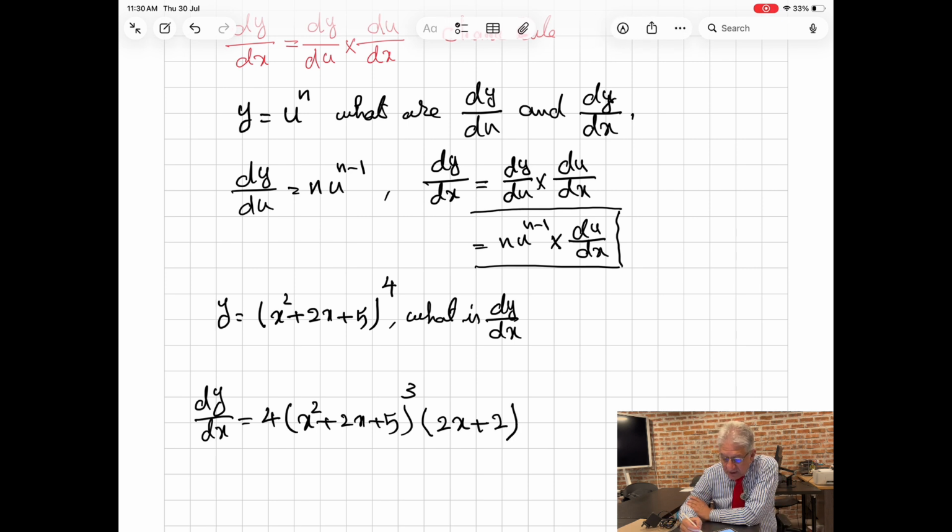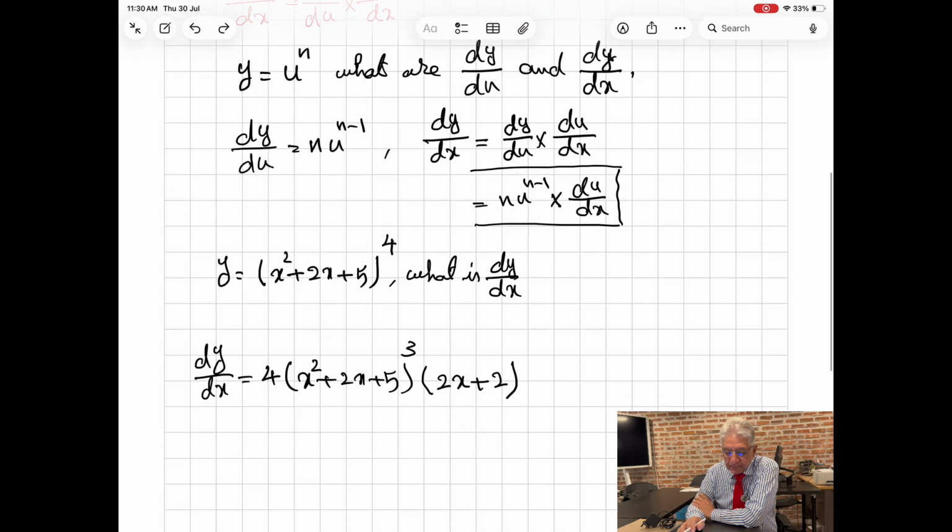You see, some people, they are writing 4 here, which is wrong. You should not put this 4 here, because you need only du by dx. There is no power there. Therefore, we have taken the derivative of the power here. Therefore, 4 comes down here, reduce 1 from the power. Then we are differentiating with respect to x, only the base. That means u.